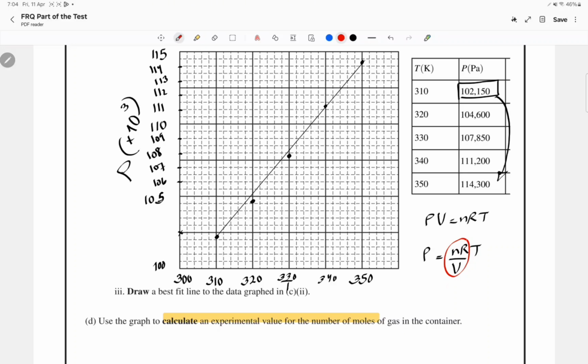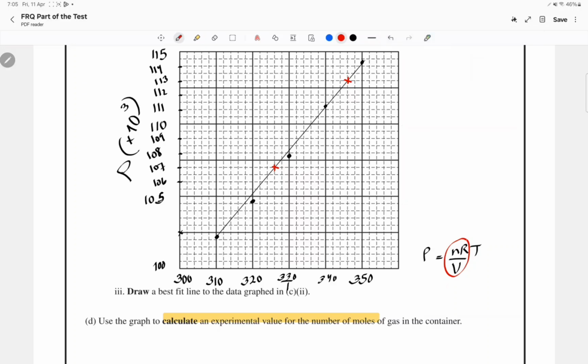You gotta pick points that are on the graph, the best fit line. Never pick the same points you already did. Pick points that are clear to you. For example, to me, this point is very clear, and maybe this point is very good as well. So I can't take anything from the table? No, never take from the table. You must use the best fit line.